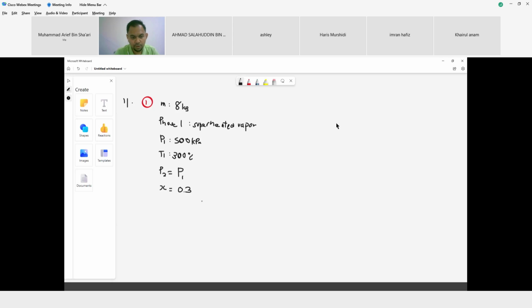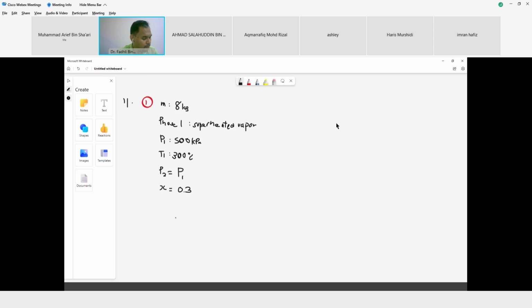If you can't define the meaning of quality, then you get it wrong. So for this question, if you take quality as 0.7, then your final answer is wrong. Okay, so what else? 70% of it by mass condensed.